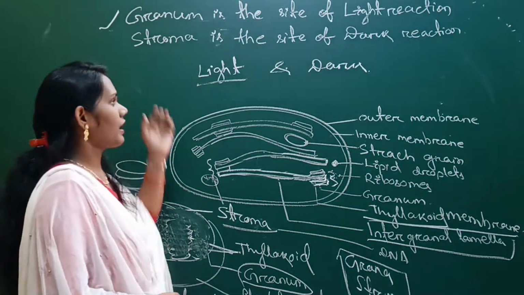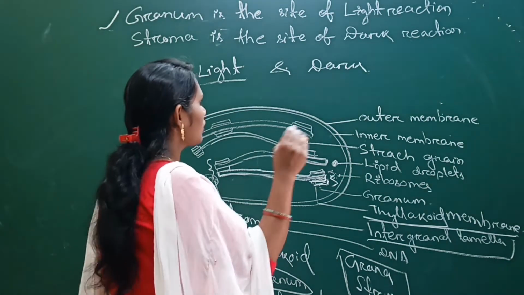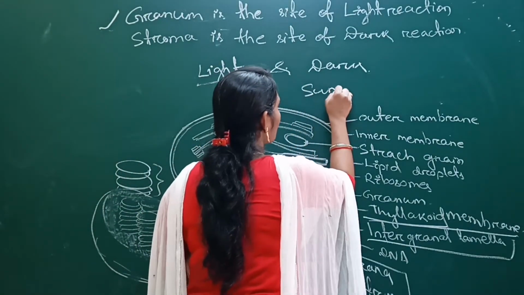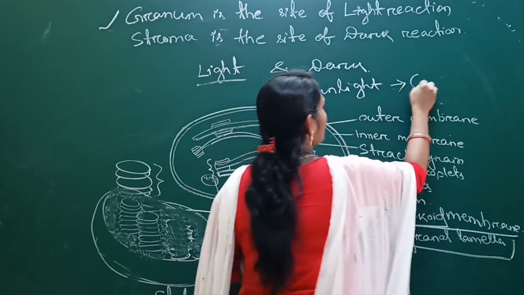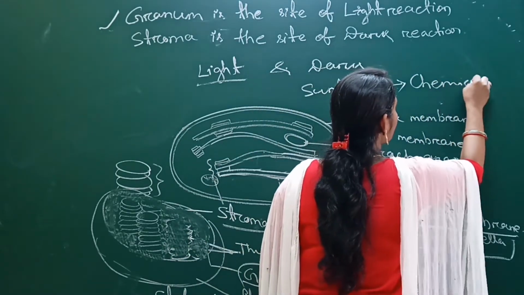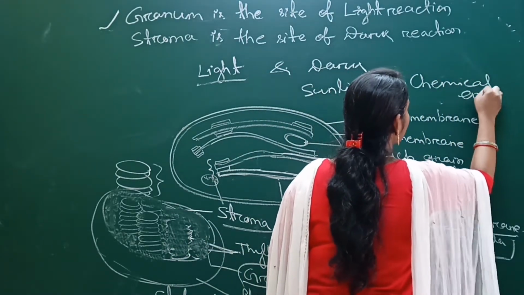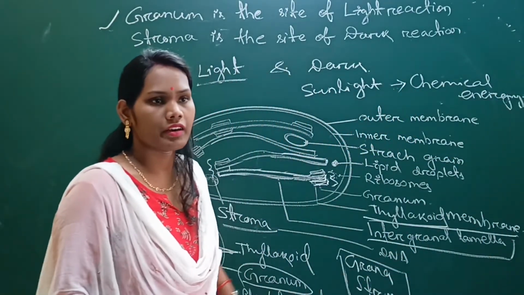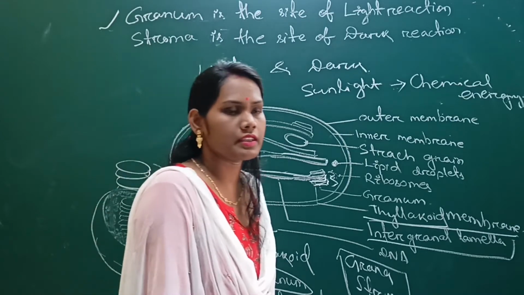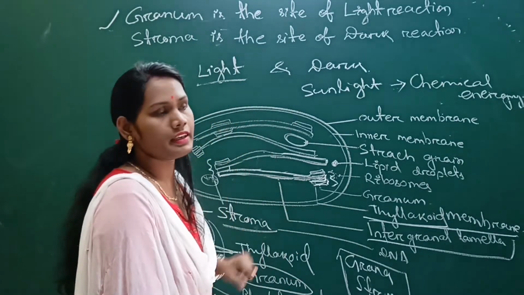Okay, so in the granum, in the photosynthesis process, chlorophyll traps sunlight, and this light energy is converted into chemical energy at granum. Okay, so during light reaction, the light energy is converted into chemical energy, and this light reaction happens in granum.